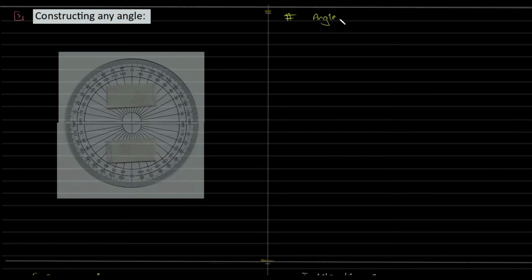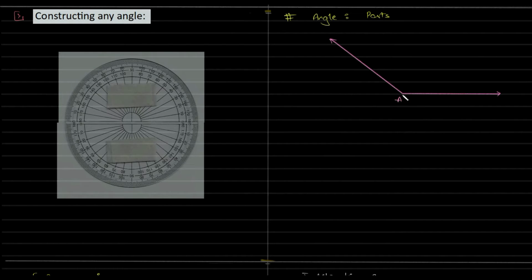First, let's recall angles, especially their parts and the logic of how a protractor is made. The first thing is the initial arm. That's the line from where we measure the angle, and if we swipe in this manner, the amount of swipe is your angle.